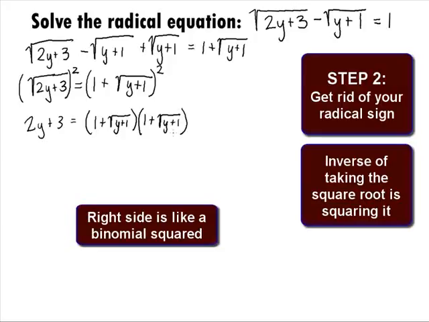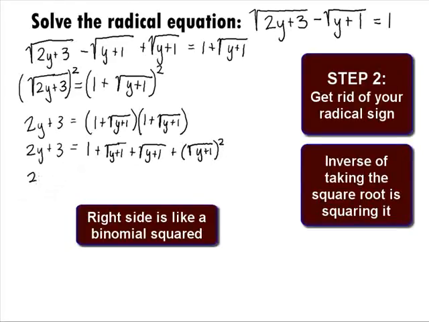When we multiply this out, we still have the 2y plus 3 on the left side equals 1 plus the square root of y plus 1 plus the square root of y plus 1 plus the square root of y plus 1 squared.